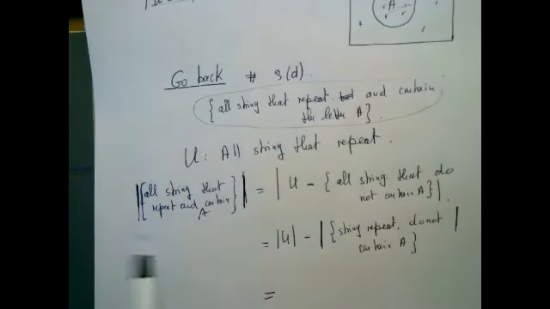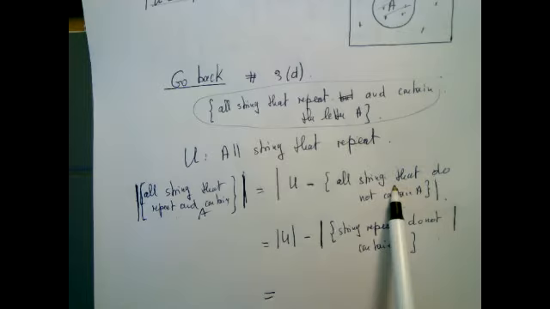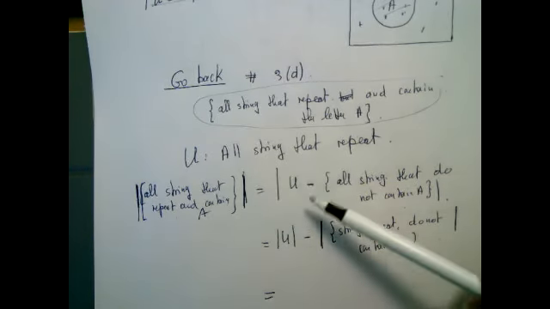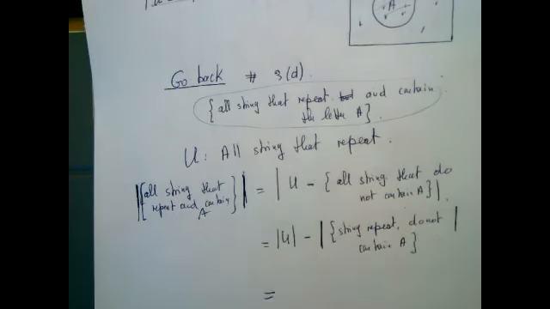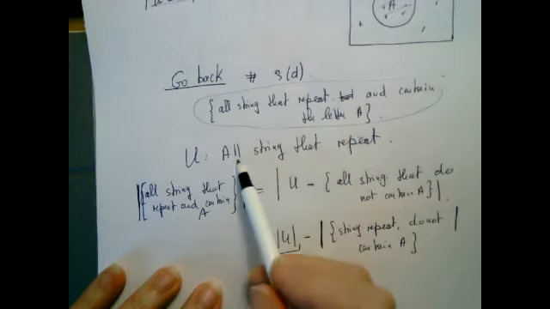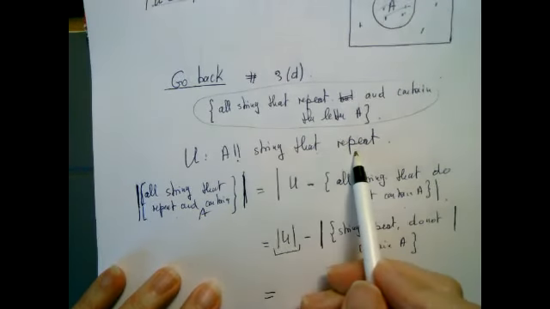Instead of looking at the set itself, I looked at the complement of it. I said, can I control the complement? And the subtraction principle tells me, yeah, if you can think this way. So this is going to be equal to what? What's the cardinality of U? U, all strings that repeat.